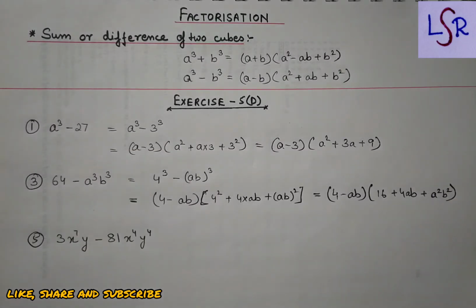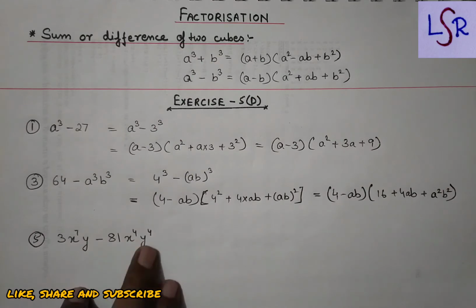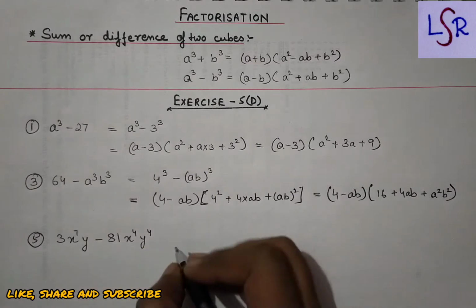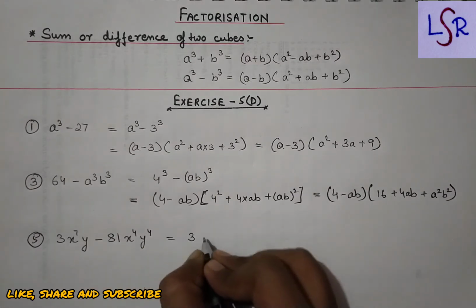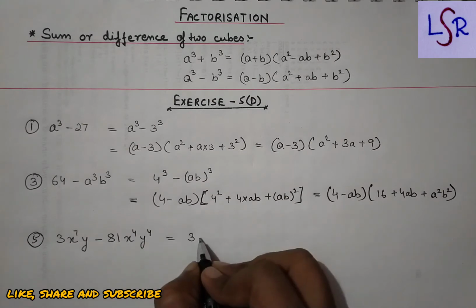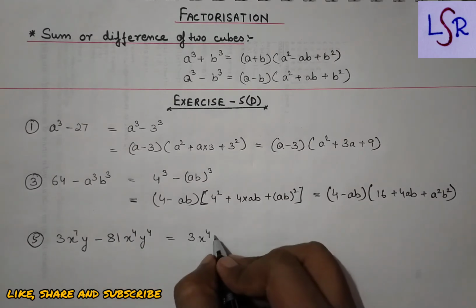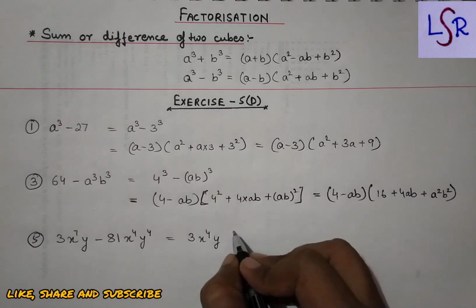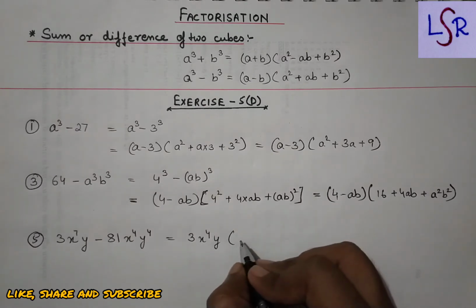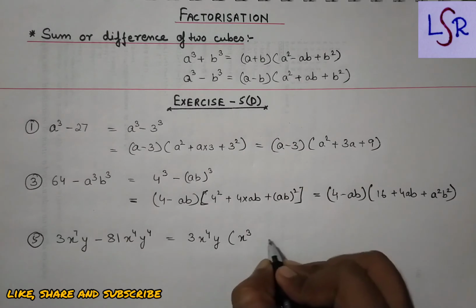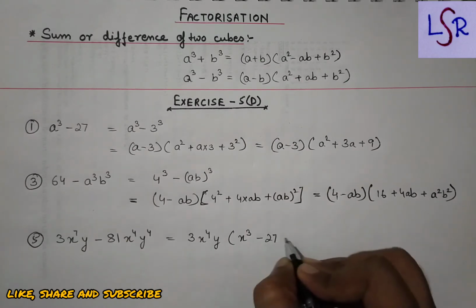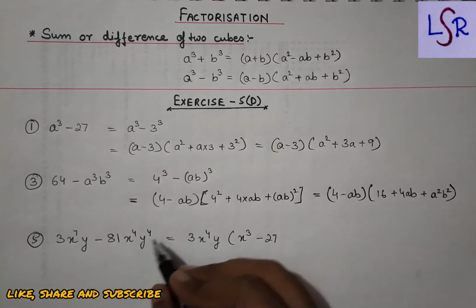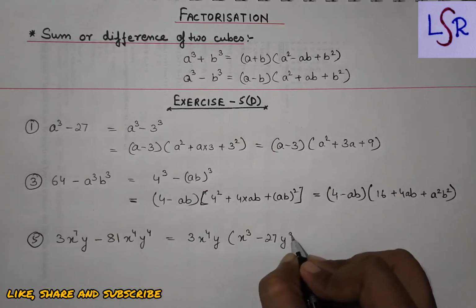Now let's see question number 5. Here in this question we have 3x to the power 7 y, and 81 x to the power 4 y to the power 4. So very first of all we can take common from these all, we can take 3 as well as x to the power 4 y as common from these two terms, and we'll be left with x cube from here minus 27, x to the power 4 is taken as common, so we are left with y cube.